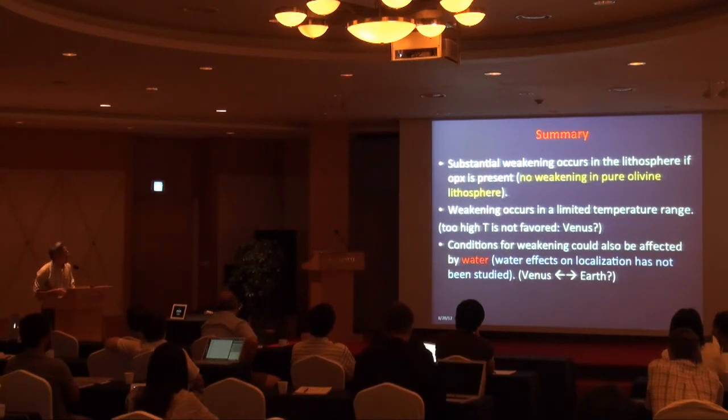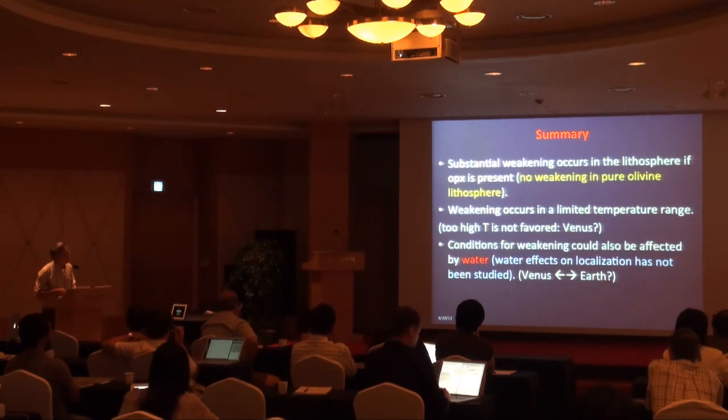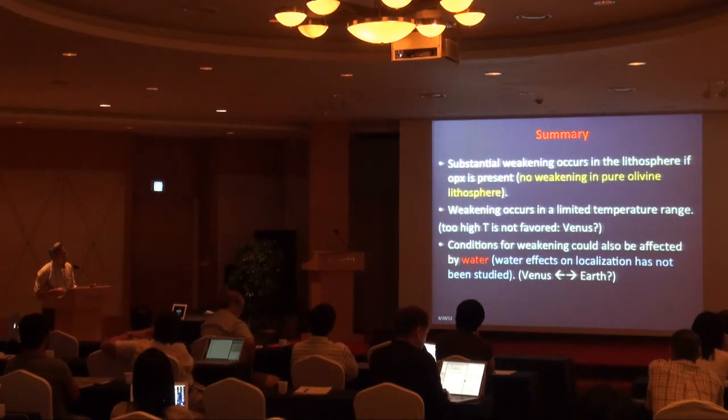This has to be addressed in order to go beyond and discuss why Venus is different. To explain Venus as a contrast, you have two choices perhaps: maybe the surface temperature is so different, or maybe water. So I guess I should stop here. Thank you very much.